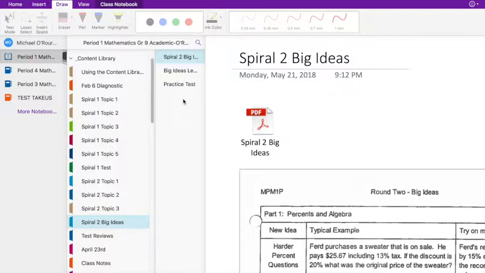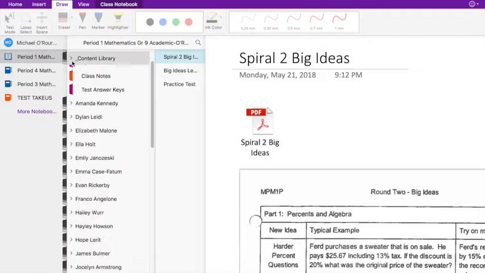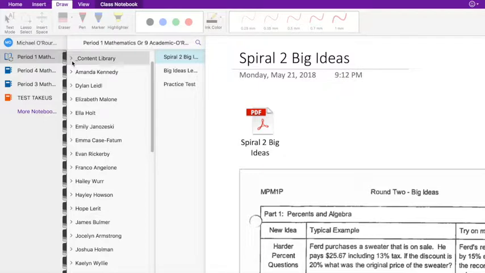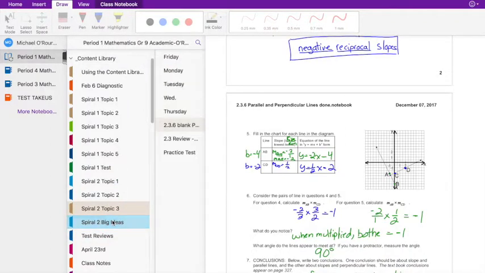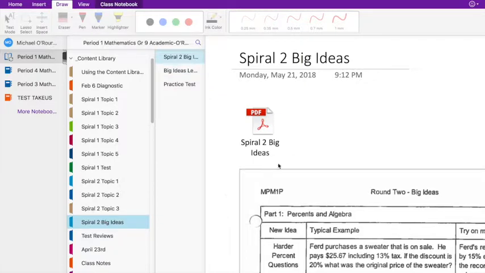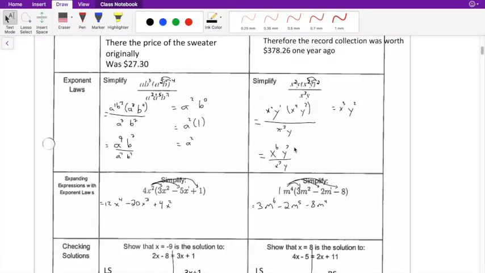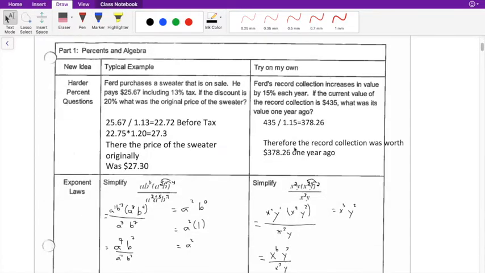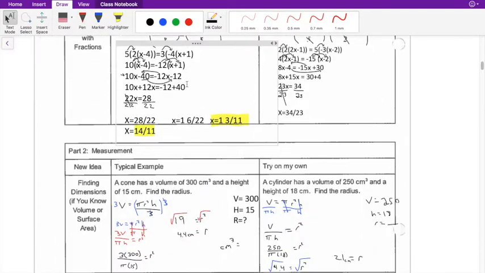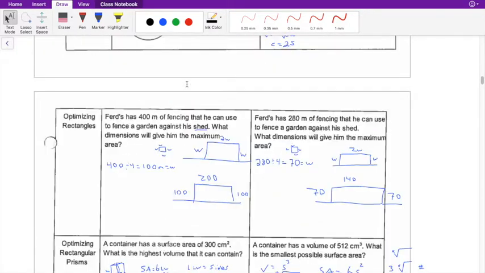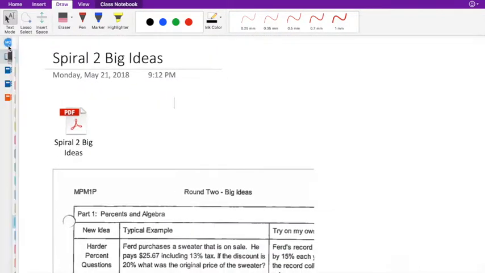Okay, before we get started, I wanted to show you where to find this. If you go into your content library, this is in Big Ideas, Spyro 2 Big Ideas. Now this here, I'll shrink that up for you. This is everything I just did here, and will be on yours.